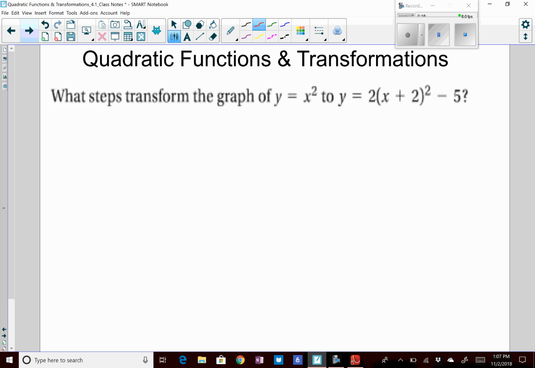Same thing here. We're looking for the transformations. So again, starting at the left, we don't see a negative sign, so there's no reflection taking place at all. We'll just leave that out. We'll start with the 2 itself. The 2, again, tells us that we have a vertical stretch. So we'll go with a vertical stretch by a factor of 2.